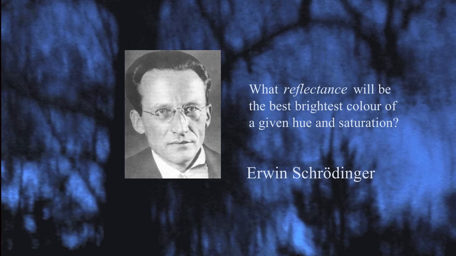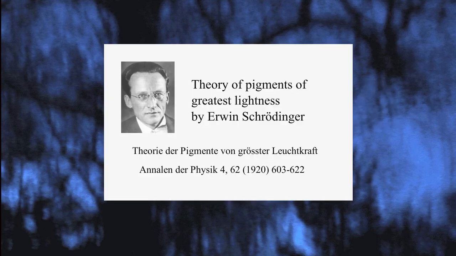He based his considerations on the young Helmholtz assumption of 3 types of retinal receptors with different spectral sensitivities. In 1920, he published a paper where he shows that ideal colors are the answer to the question.